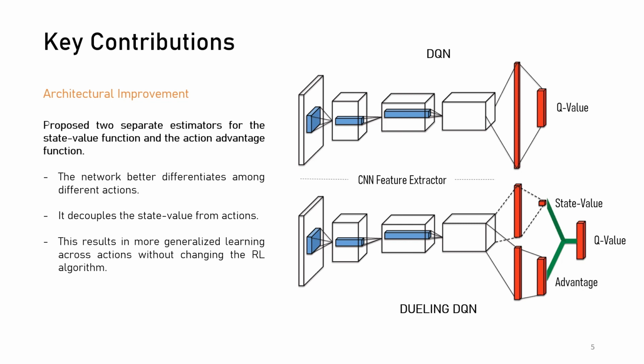Both of these streams are aggregated at the output layer, resulting in Q values similar to the vanilla DQN architecture. The proposed network does not show any explicit benefit in the forward pass over the conventional DQN, as both estimate the Q function. However, the benefits occur in the training phase.